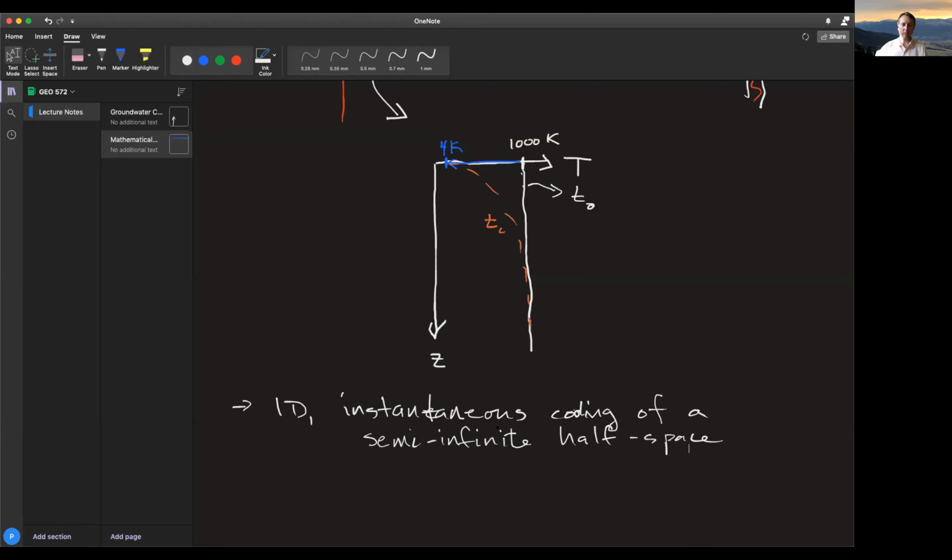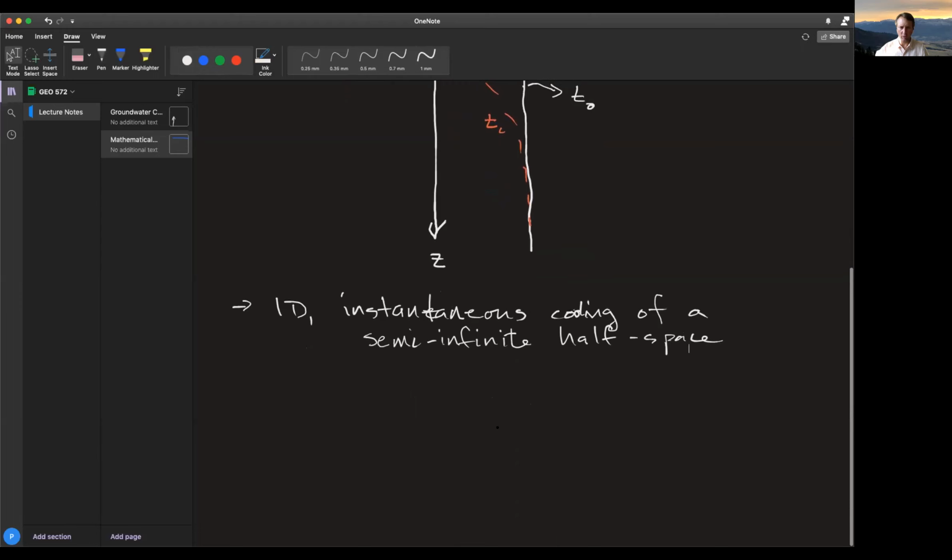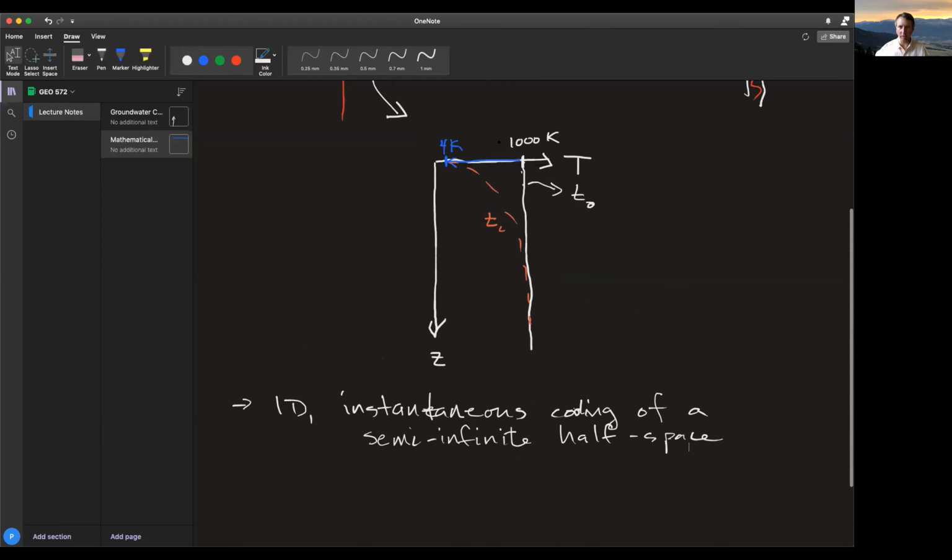And what that means is that we're going to model this as a process where we have a slab of constant temperature, right? A 1D line of constant temperature initially, T naught, all right? That extends infinitely in depth, all right? And right at the surface, at time T naught, the temperature changes from 1,000 degrees to 4 Kelvin, all right?